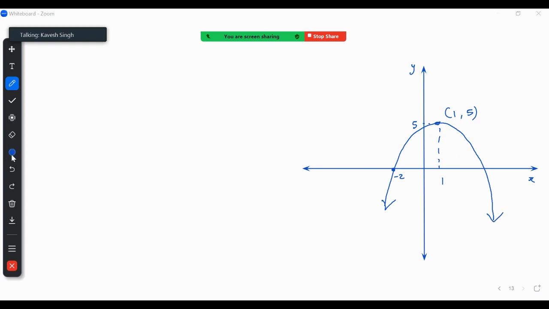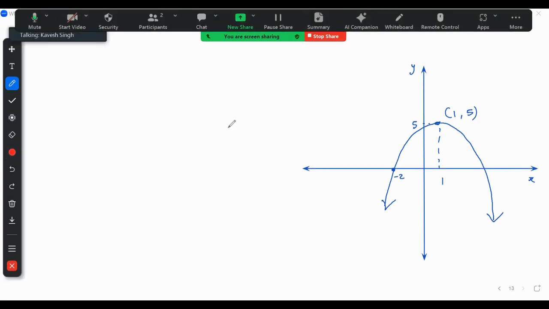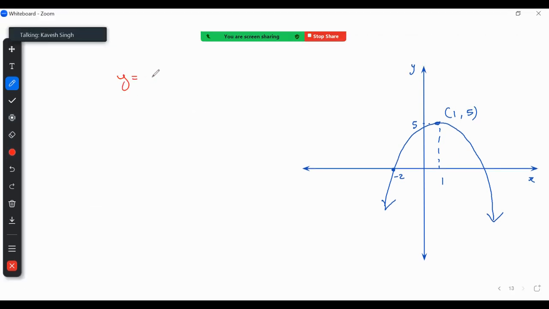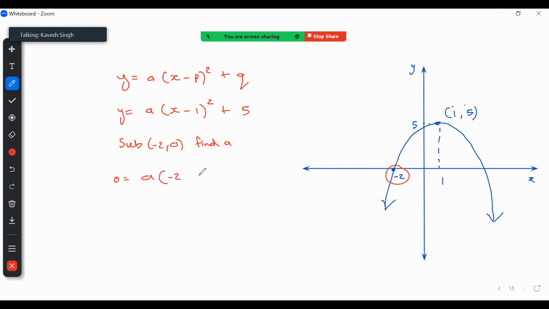All right, so for this one here, let's have a look. We're going to go y equals a times x minus p squared plus q. My turning point is 1 and 5. And then I substitute any point, this point over here, negative 2 and 0, to find a. So 0 becomes y, and x becomes negative 2.